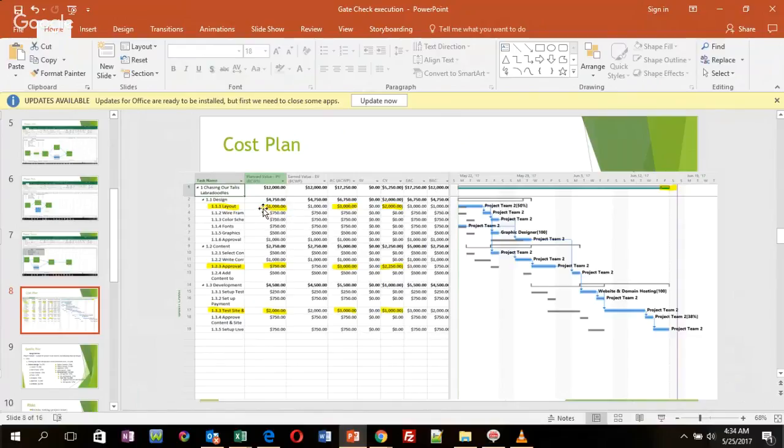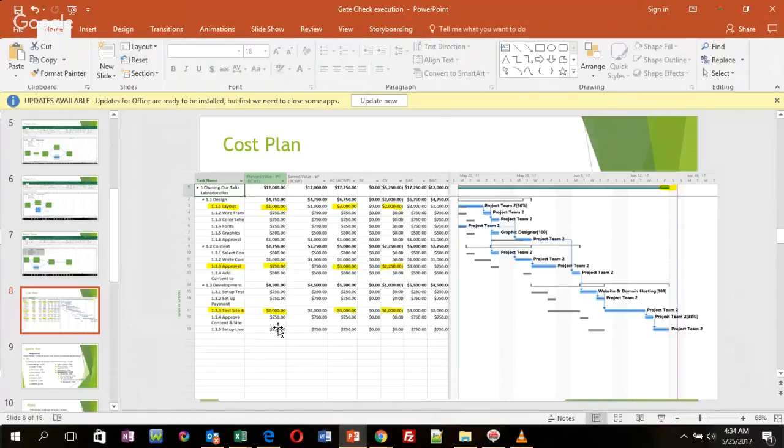We planned for $1,000 for the layout, but we ended up spending $3,000. So the discrepancy was $2,000. For the approval, we planned for $750, but we ended up spending $3,000, and the difference was $2,250.